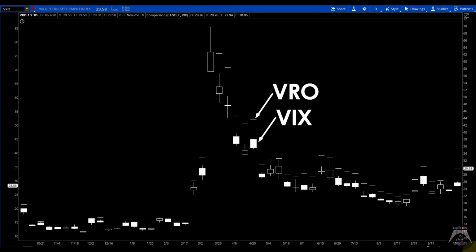VRO is a settlement value. It's a number that's obtained only on expiration days, so only on Wednesdays, and it's at market open. It's a snapshot of the different values of the SPX options of a single expiration that is 30 days out. So they are very similar numbers, but they're not the same.